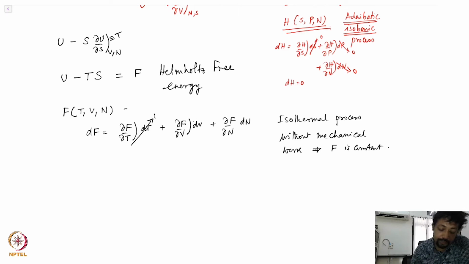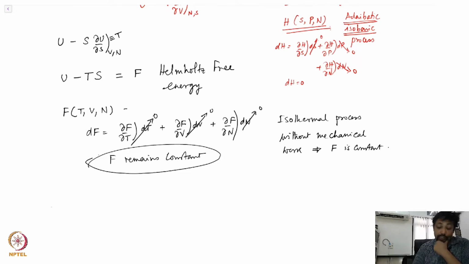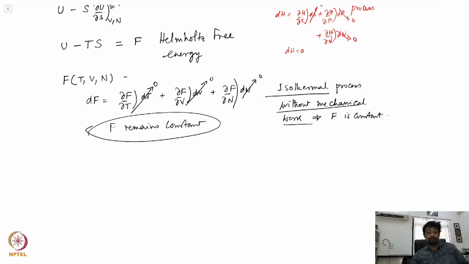So isothermal means dT is 0, mechanical work is 0. Well, this is always taken to be 0 because it's a fixed system, it's not an open system. So here, therefore, F remains constant. So you use the Helmholtz free energy whenever you have an isothermal process without any mechanical work. There is no volume expansion or so, in which case the free energy remains the same.